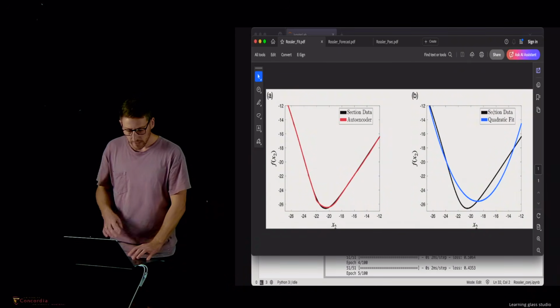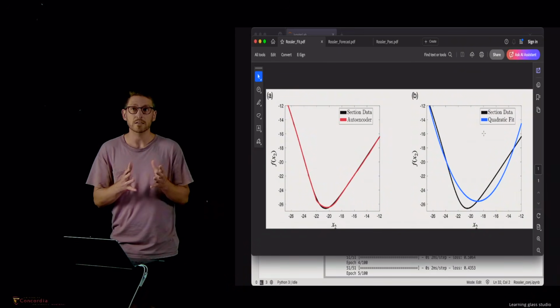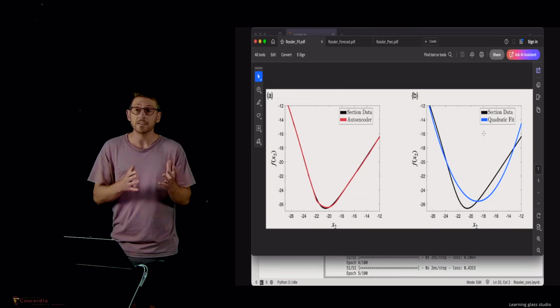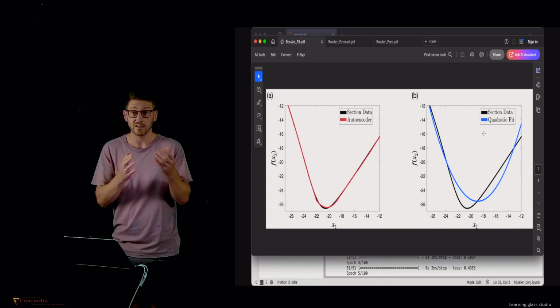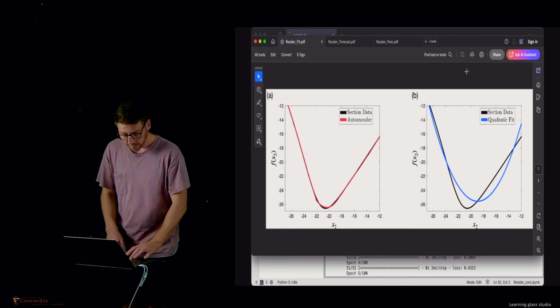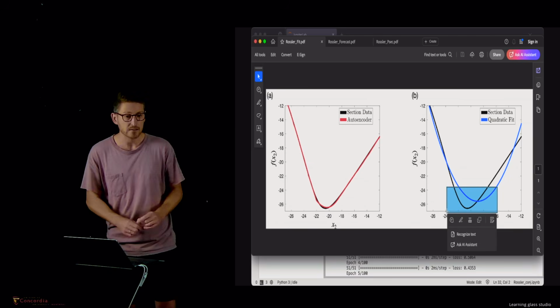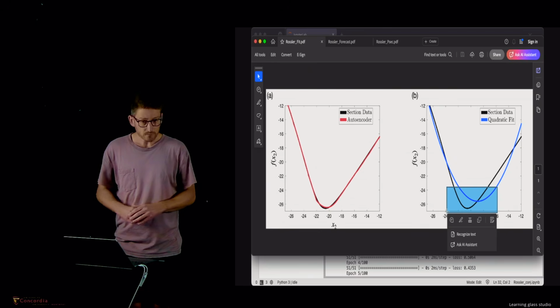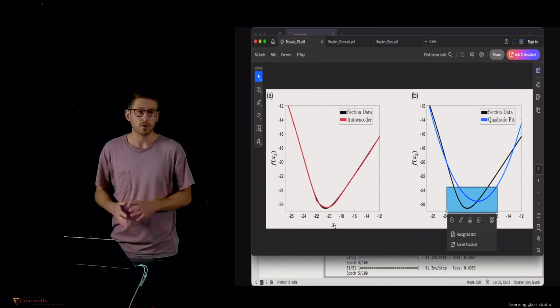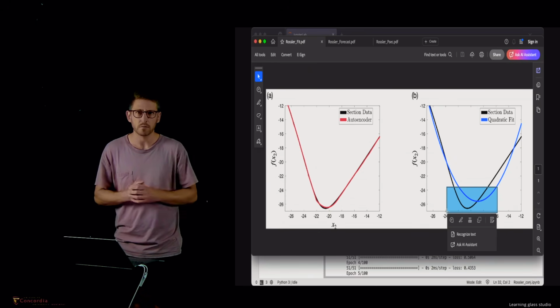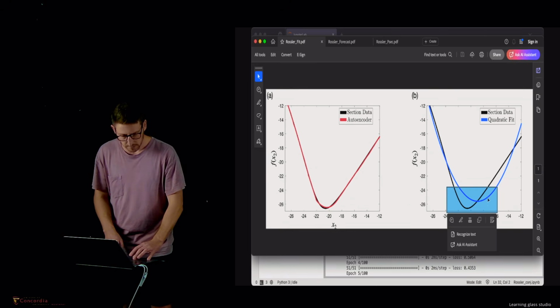Alternatively, if you tried to just take that Poincaré section data and fit a quadratic function to it, using a dictionary that's just x and x squared or something like that, you can see this sort of junky fit right here. It completely misses that bottom portion. Where the autoencoder had a little bit of trouble, it could probably be improved with training. Here we can see that it completely misses it and we get this junk fit.